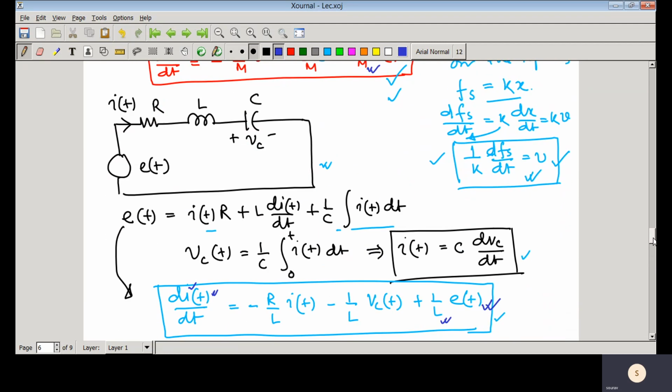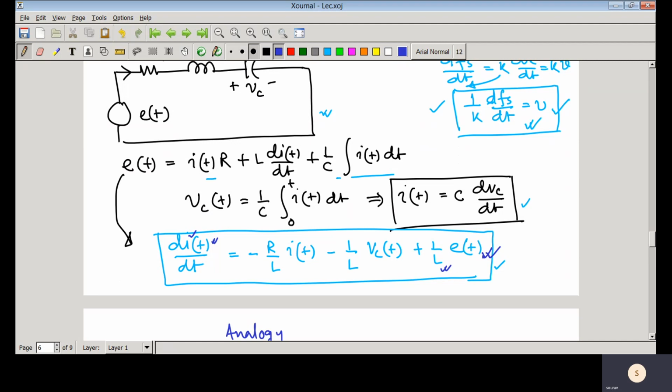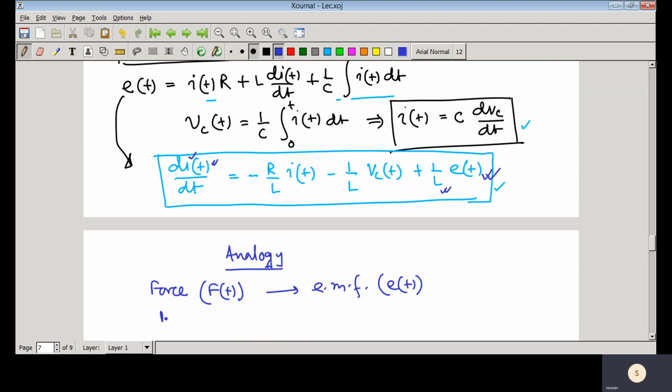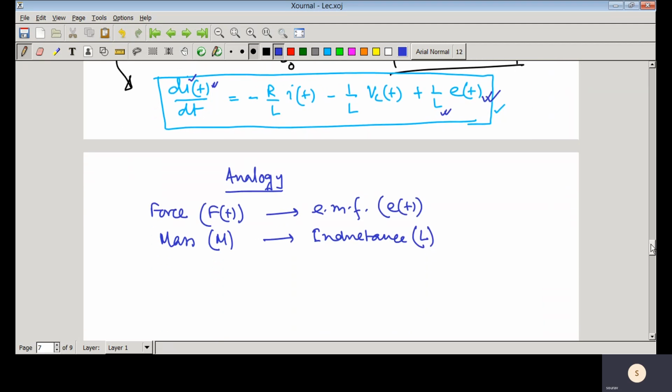So here mass and inductance are equivalent. That means mass in a mechanical system is equivalent to inductance in an electrical circuit.